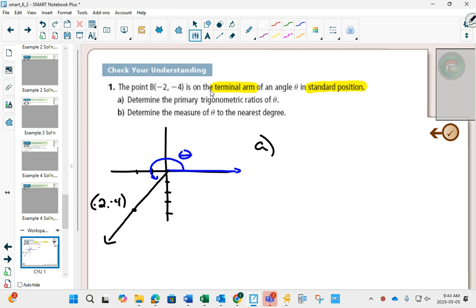So in A, we want to find out what's sine of theta, what's cos of theta, and what's tan of theta. And from grade 10, you know that if you have a right-angled triangle, SOHCAHTOA tells you sine is the opposite over hypotenuse, cos is the adjacent over hypotenuse, and tan is the opposite over the adjacent. But we need a triangle.